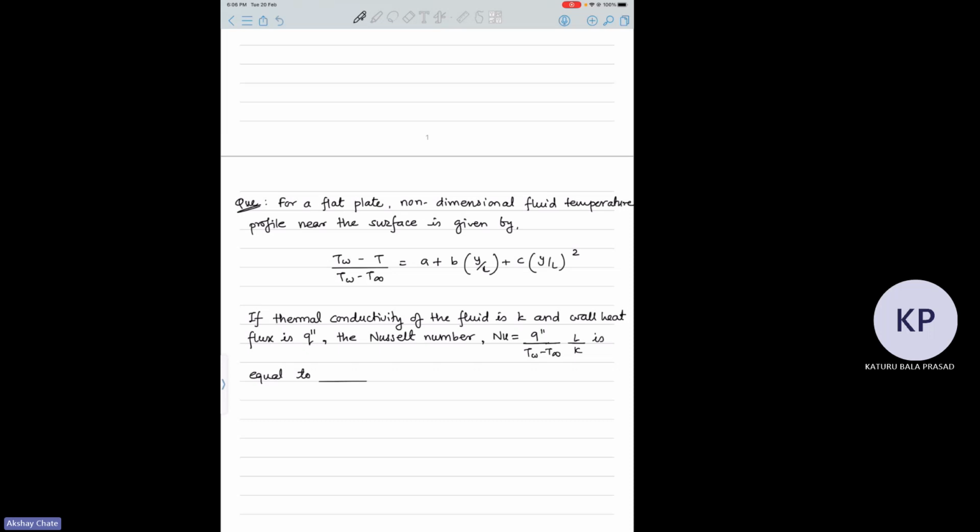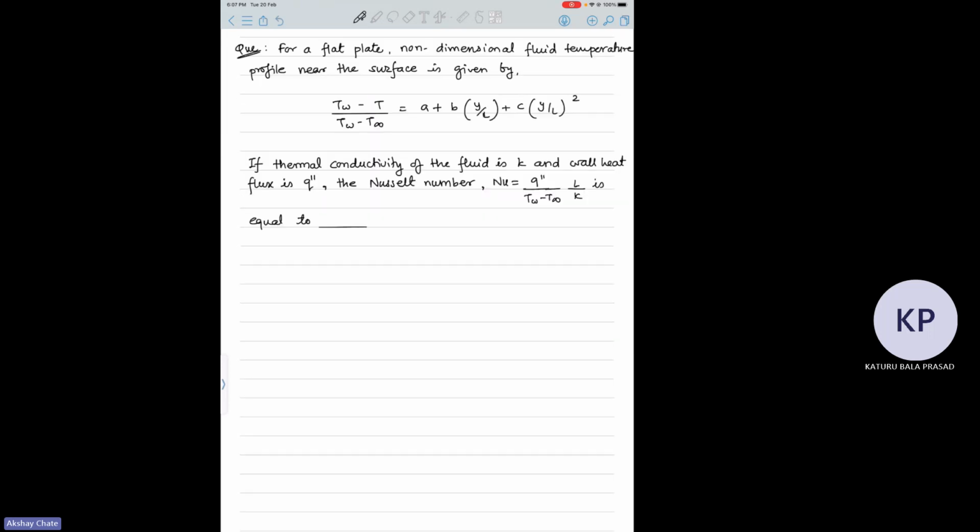When it is very high, that means the heat is convected more as compared to conduction, and when it is of the order of 1 or so, conduction and convection are equally dominant phenomena. Before solving this, since we are talking about convection and a flat plate, typically you'll have this type of problem, so you should know some things before you solve it.